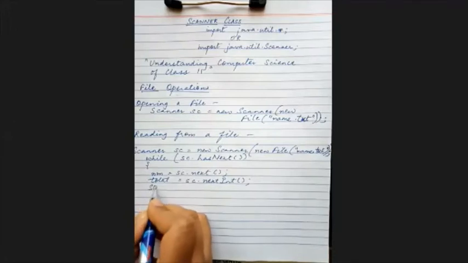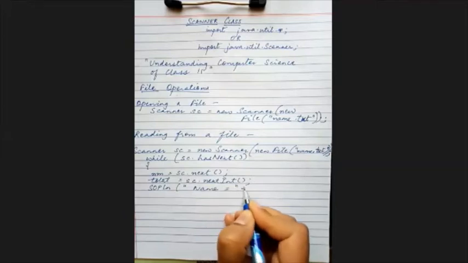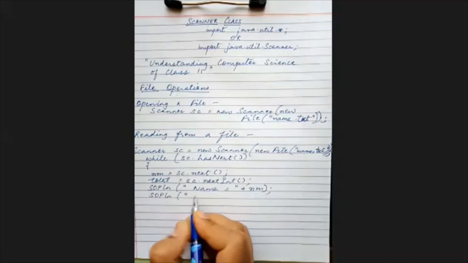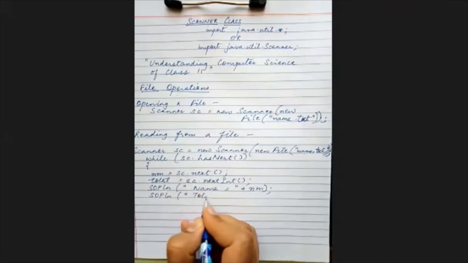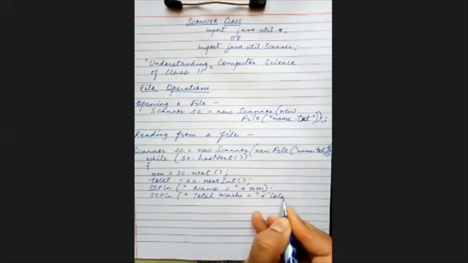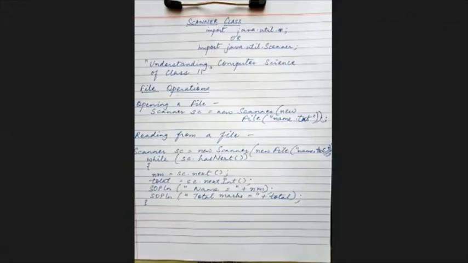Then we'll write system.out.println name equals to plus nm, sopln total marks equals to total. So this has next is going to read the next token till we reach the end of the file.